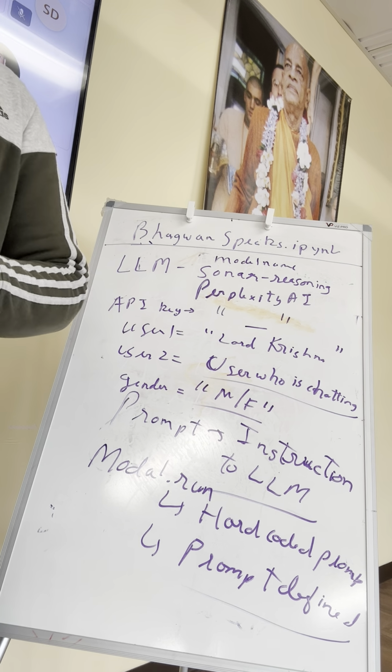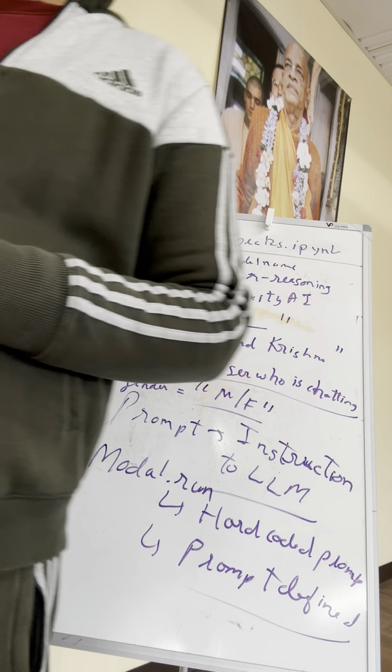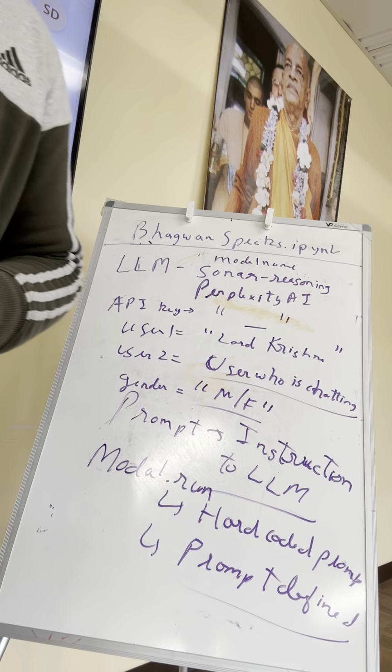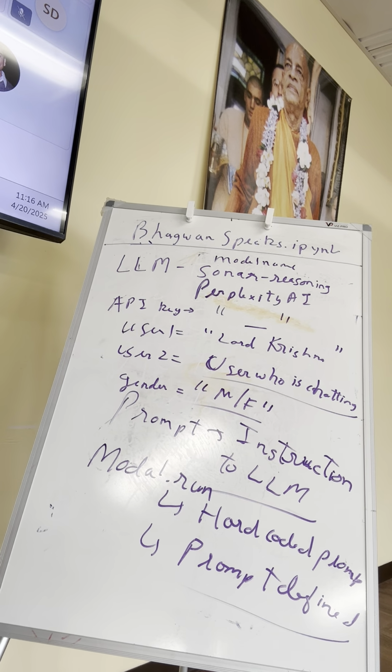Is there any specific syntax for the prompt? If I am adding a new line, I need to say, for example, respond in Hindi only. Then I'll add a line change. Each line is a separate instruction.